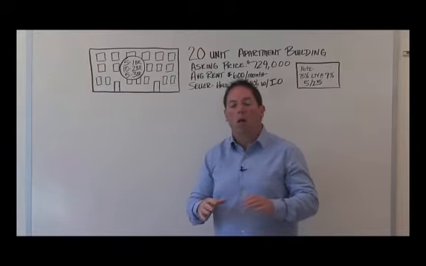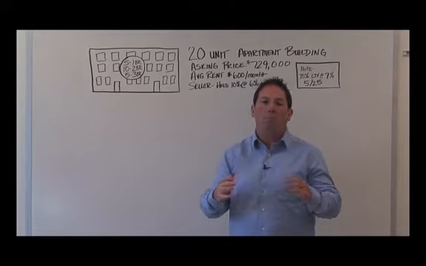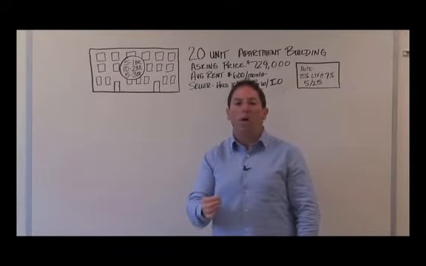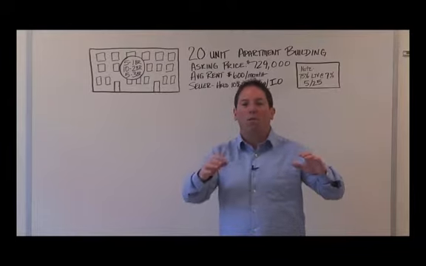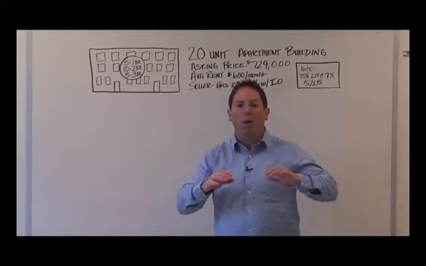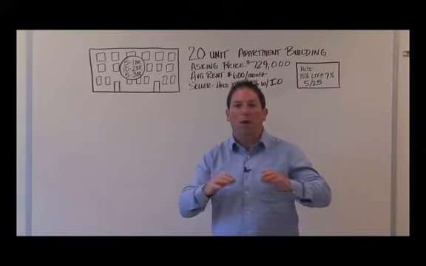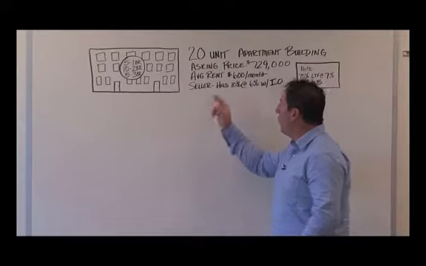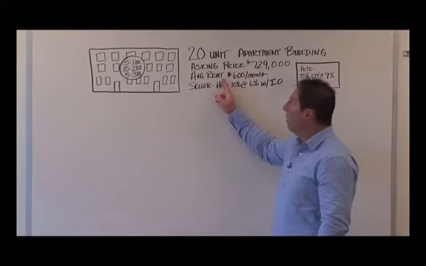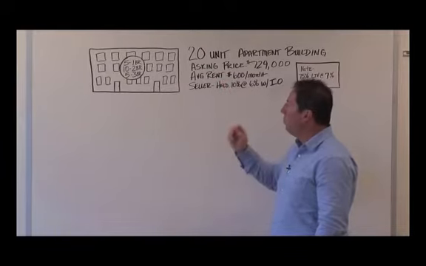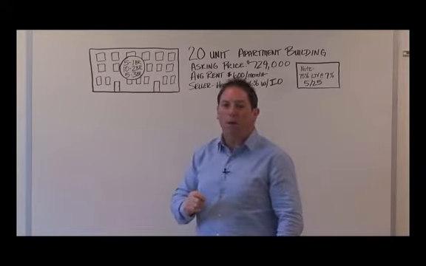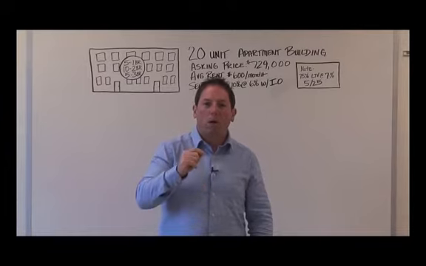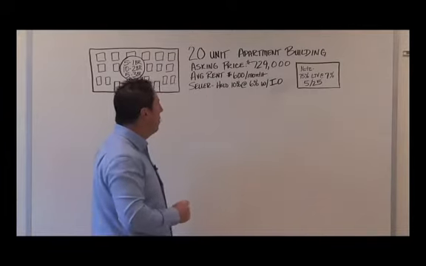So that's what we would call a very solid, a very balanced unit mix. Now the average rent, so I've taken the 1s, the 2s, and the 3 bedrooms, and I've added up all of the different rents, and then I've come up with an average, okay? And the average rent per month is $600, all right? So for this 20-unit building, I can establish an income stream of $600 a month.